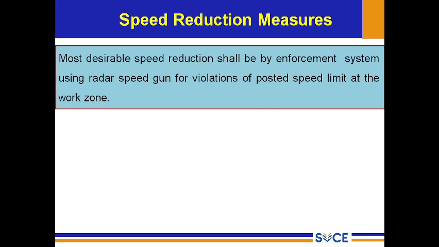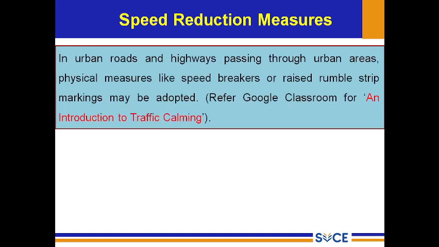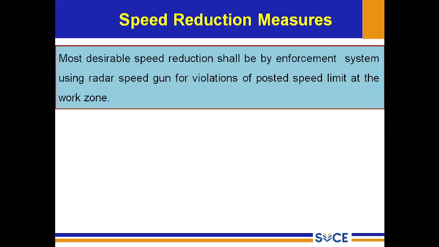You can shoot the gun towards the vehicle, but it is better to shoot the vehicle when it is approaching the radar gun at a certain angle. Then it will predict exactly what the speed is. Based on this speed data, we are able to understand the speeds at which vehicles are going, and from that we can enforce the speed limits at the work zone area.